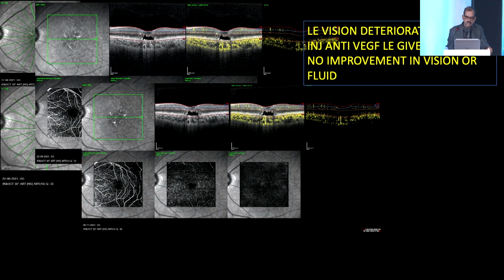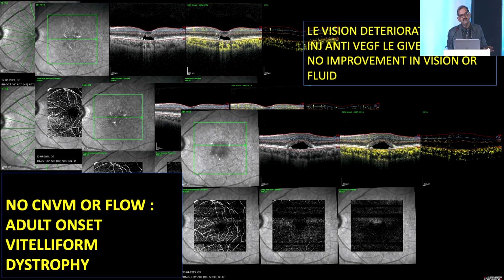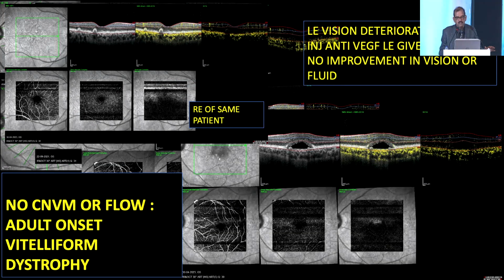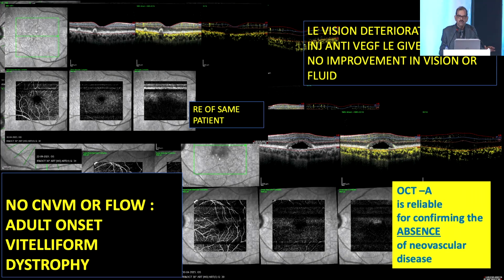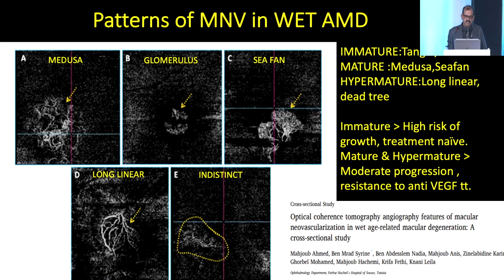So, considering this to be fluid, injections were given, but on OCT angiography, there was no flow present. Actually, it was a patient of adult vitelliform dystrophy, not a macular choroidal neovascularization. So, OCT angiography is also a reliable tool for confirming the absence of neovascular disease in some situations, especially also in chronic CSR patients.